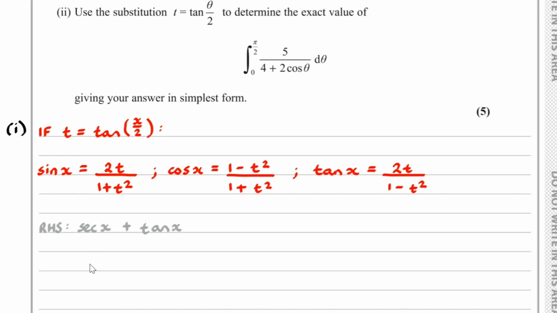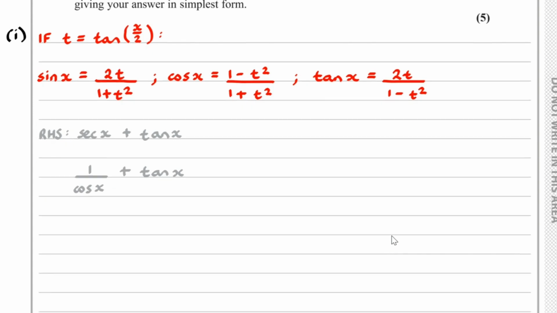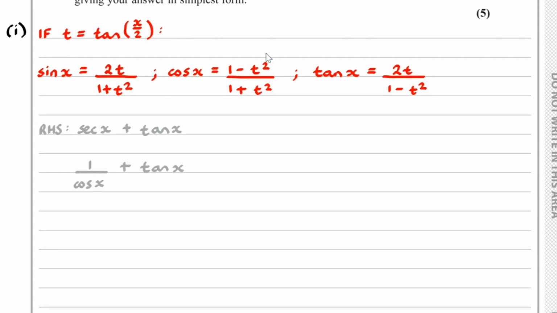Now sec is the same as 1 over cos. So we've got 1 over cos x plus tan x, and 1 over cos x, that will be 1 over the result shown here.